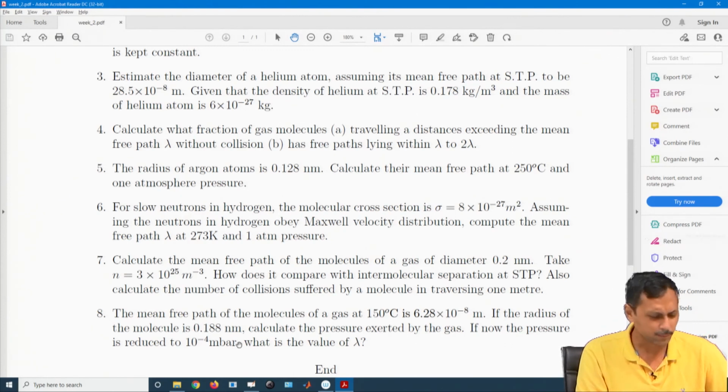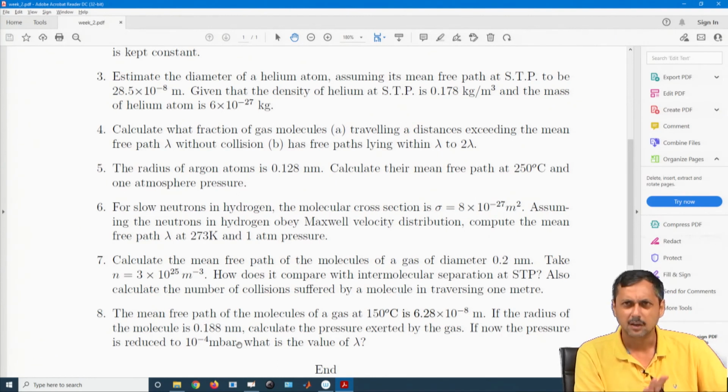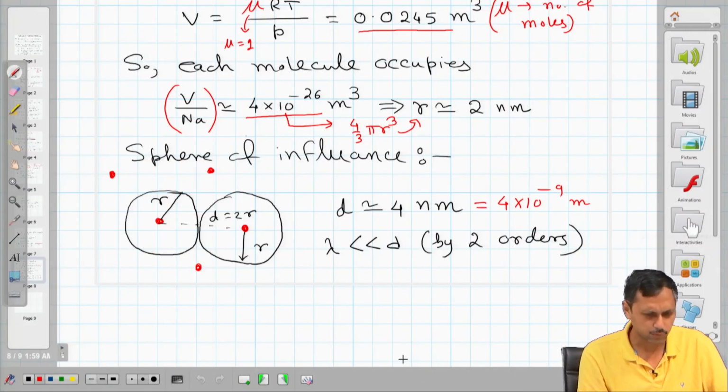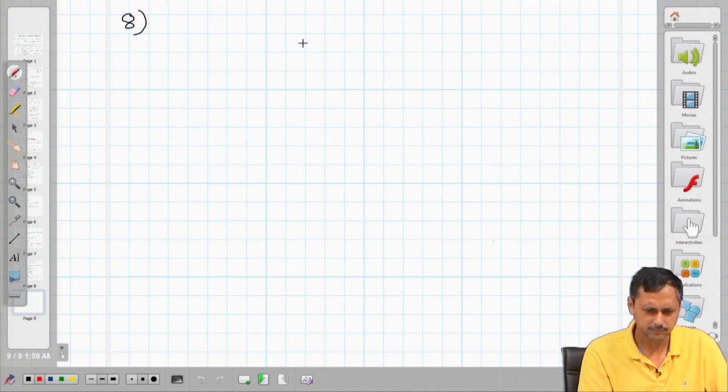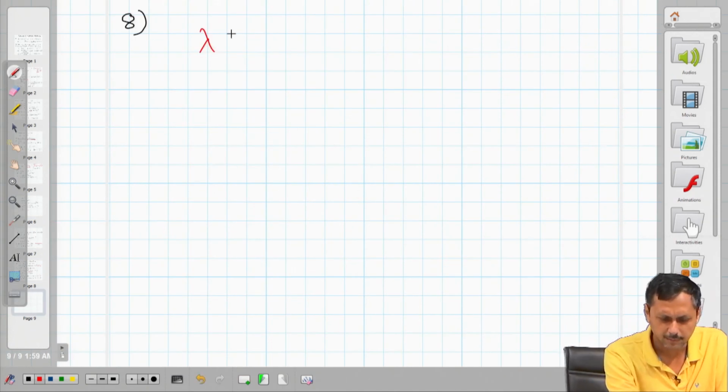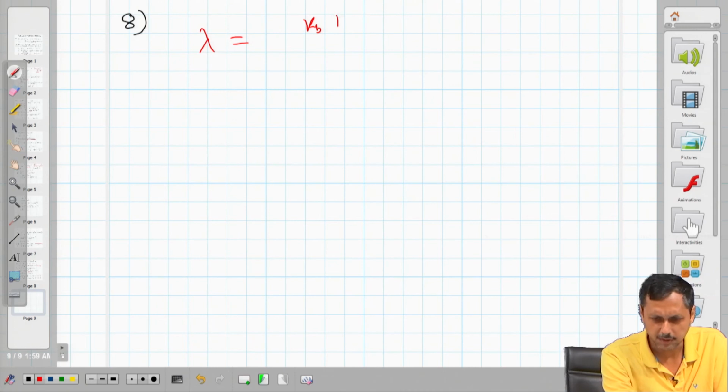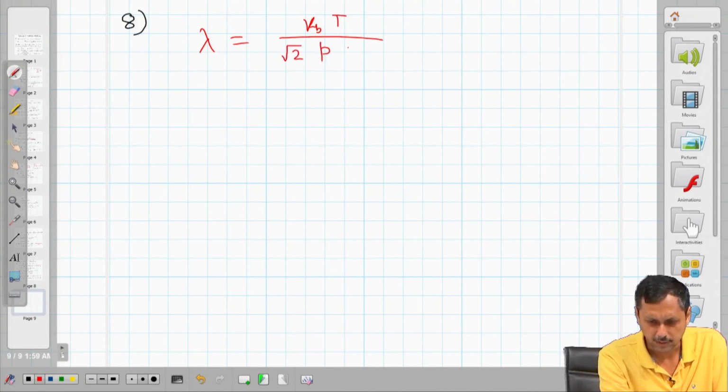I am not going to solve it for you because I have already solved very similar problems. The last part I will discuss, and the first part is super easy, because all we have to do is use this relation: lambda equals kBT by root 2 p sigma.